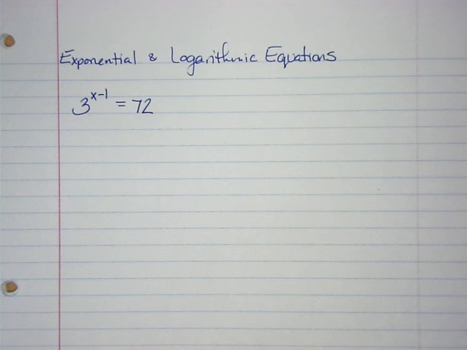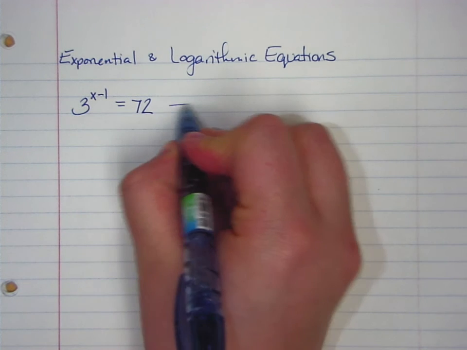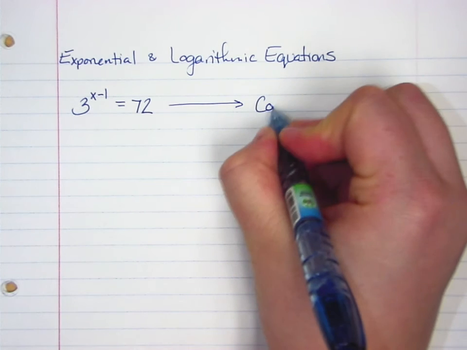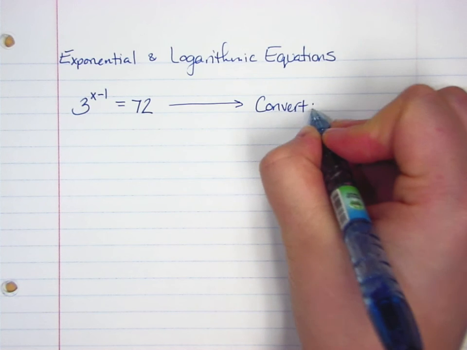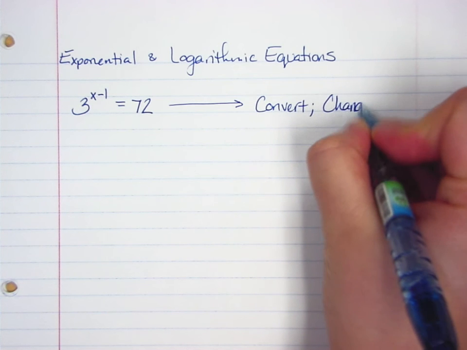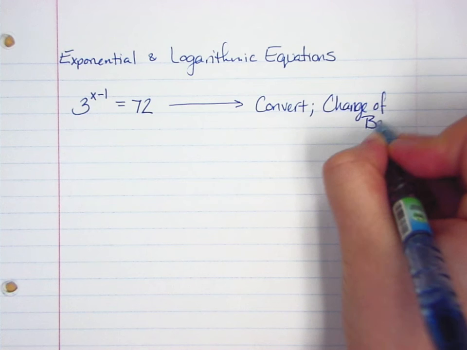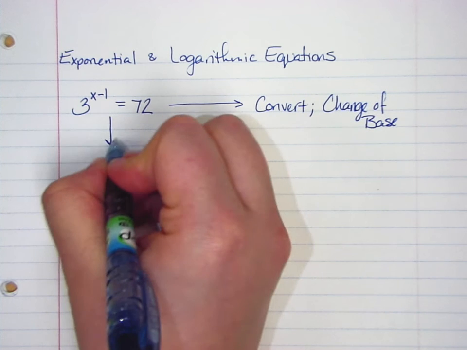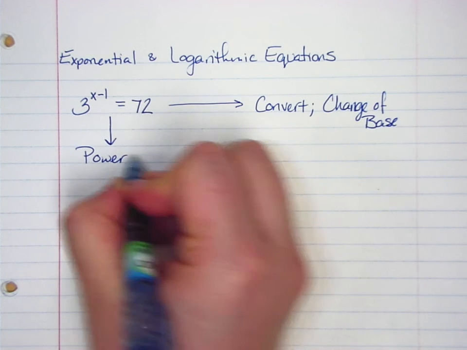But another way to do this is to convert this exponential equation to log format. So I'm going to show you both ways. I'm going to show you how to convert and use the change of base formula. And I'm also going to show you how to use the power property of logarithms.